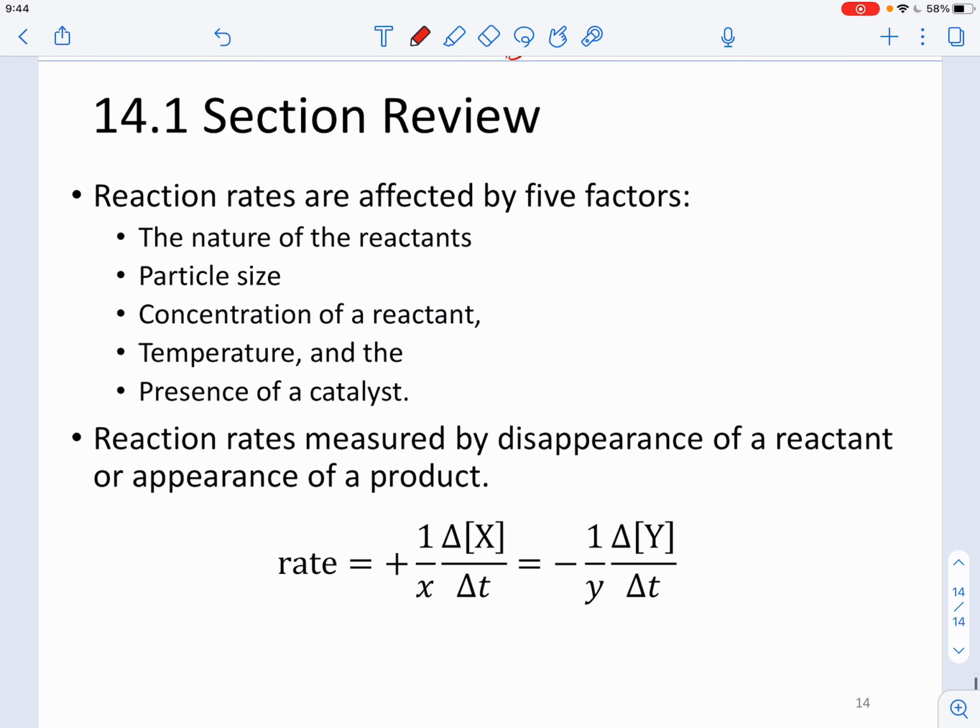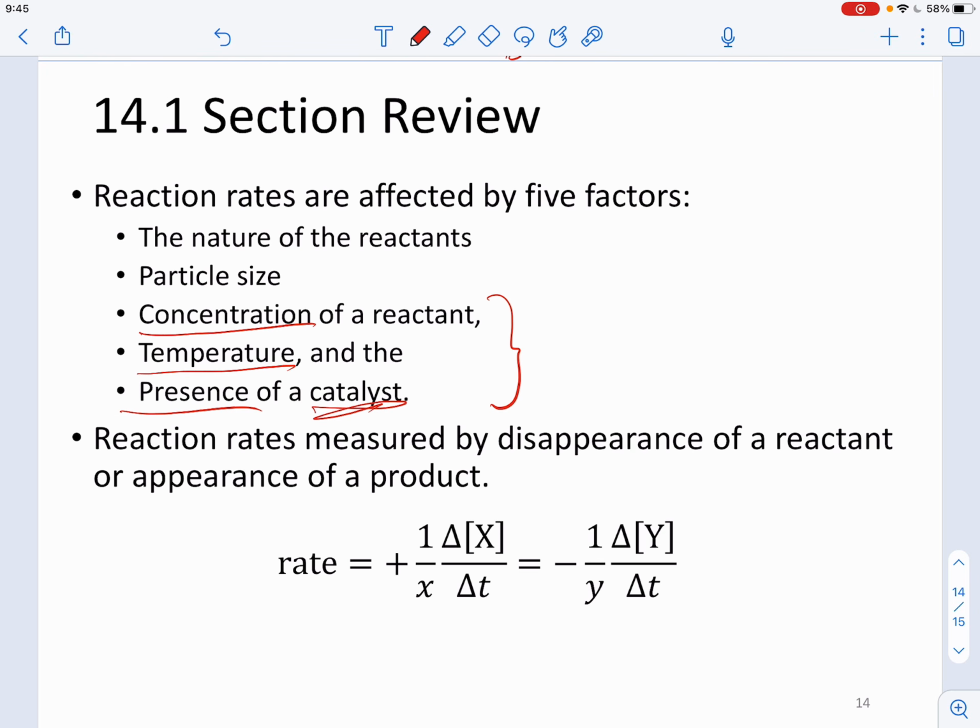So in short, reaction rates will be affected by 5 factors: the nature of reactants, particle size, concentration of reactant, temperature, and presence of a catalyst. We are going to focus our attention mostly on concentration, temperature, and presence of a catalyst. Okay, and the reaction rate can be measured as the disappearance of a reactant or the appearance of a product.